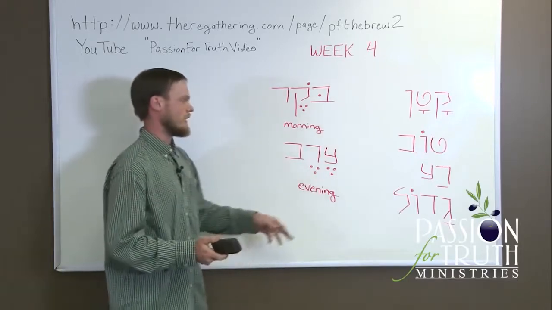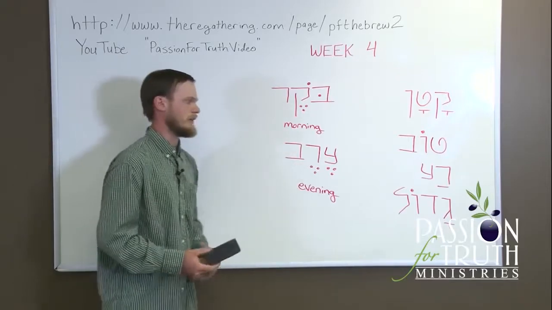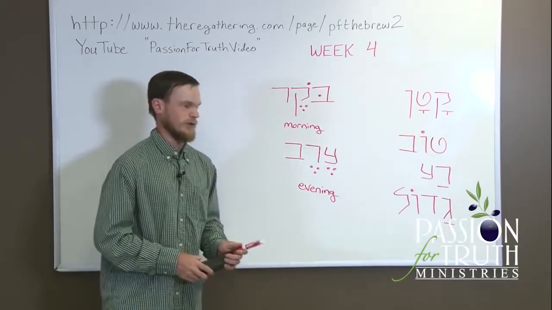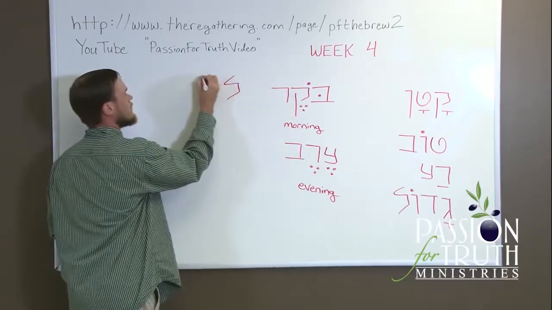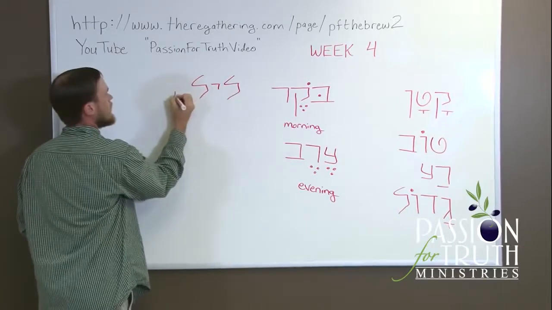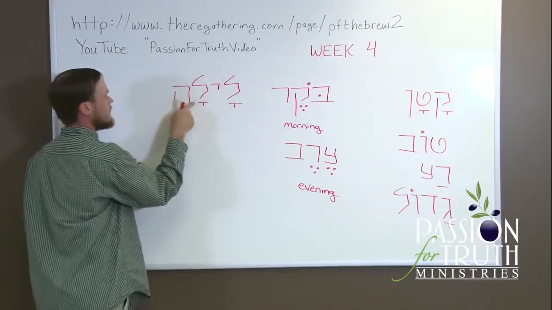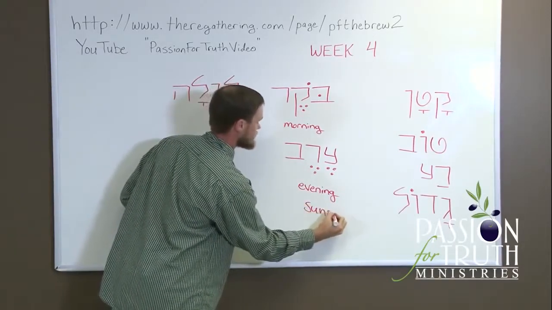But whatever the case, Erev is spelled with an ayin at the front. So Boker and Erev, morning and evening. And of course we have Lila. Erev can also be rendered sundown or sunset.